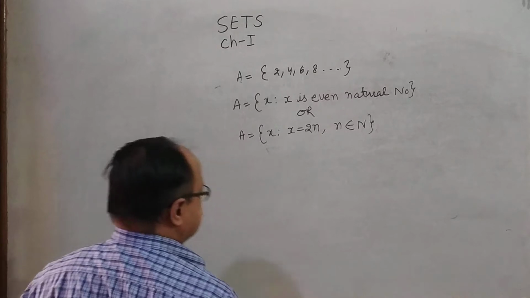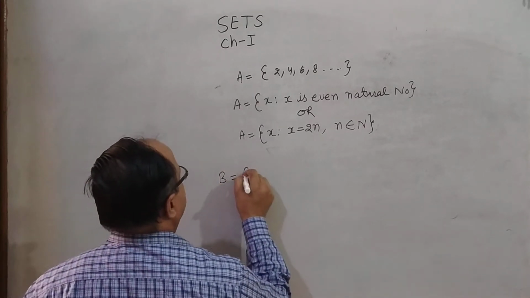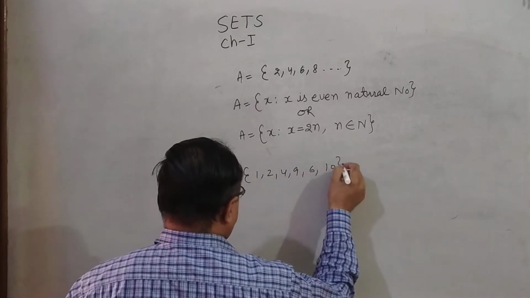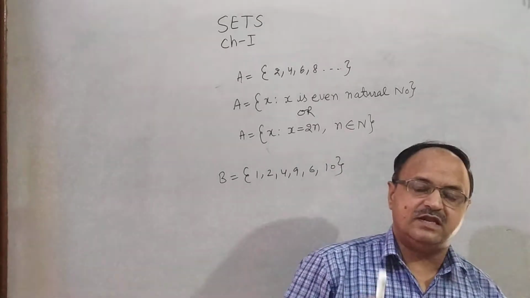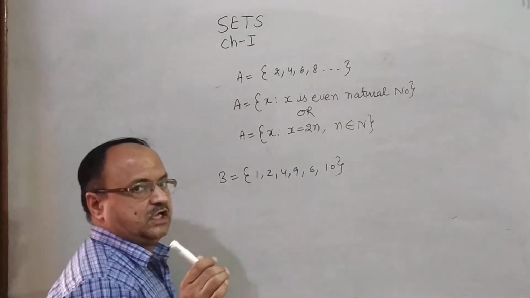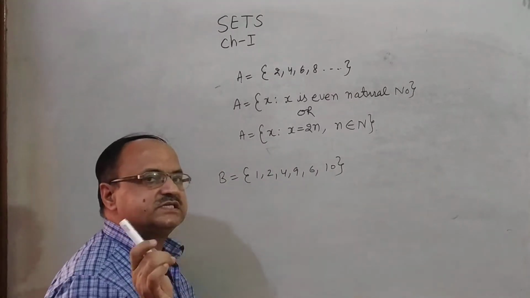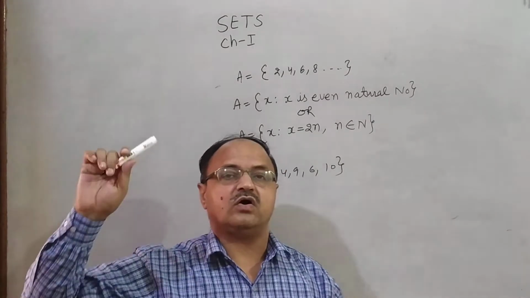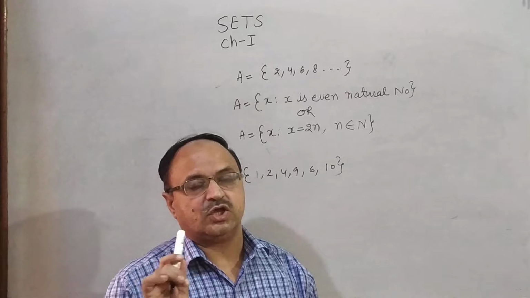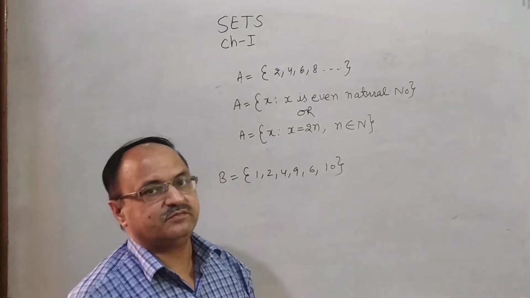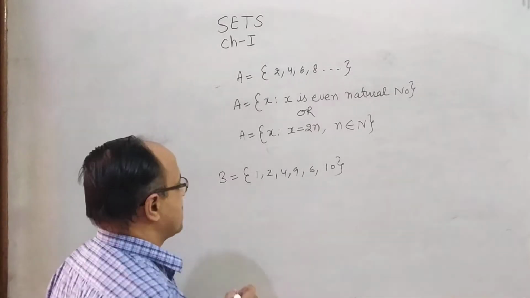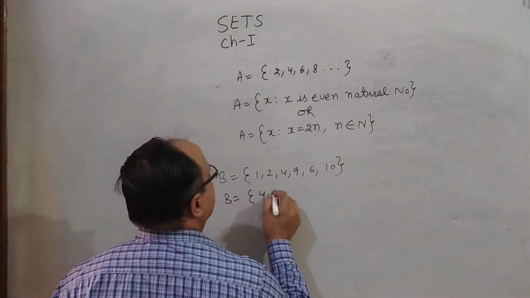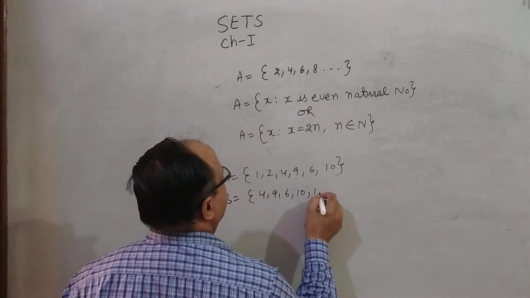And the next is B, that is {1, 2, 4, 9, 6, 11}. You can write the elements of a set in any order. It is not necessary to write the elements in ascending order or descending order. You can write the members in any order as you like. Clear? Similarly, you can write, for example, {4, 9, 6, 10, 1, 2}.